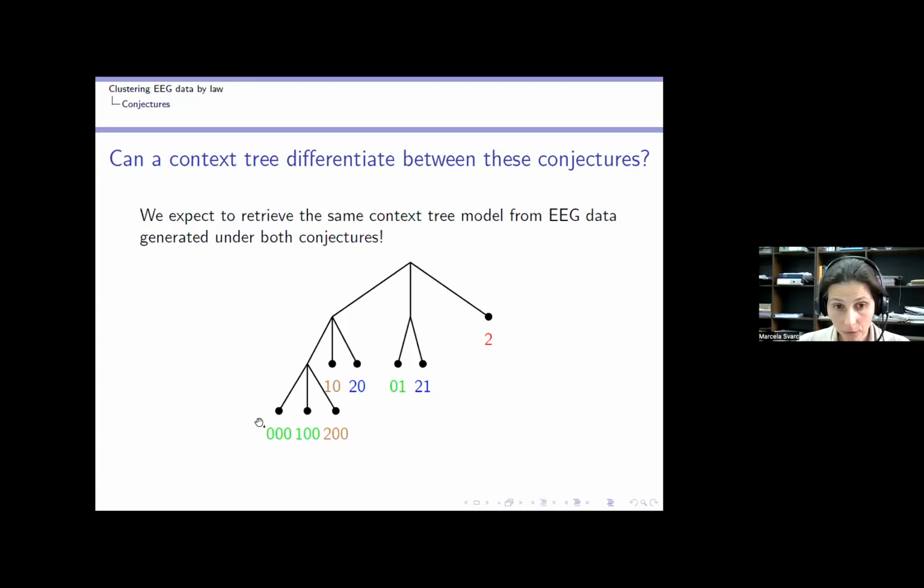For instance, if we consider the context 0, 0, 0 and the context 1, 0, 0, for conjecture 1 they would have different laws, while for conjecture 2 these 2 contexts have the same law.